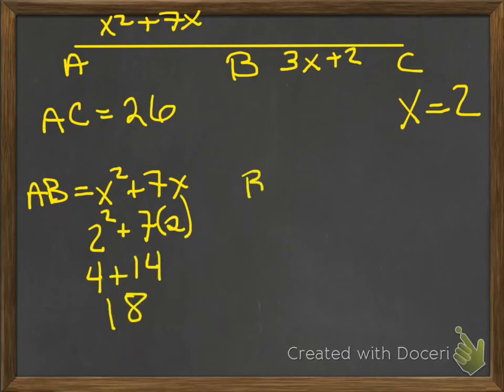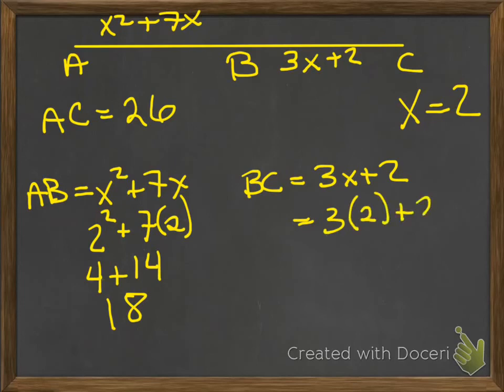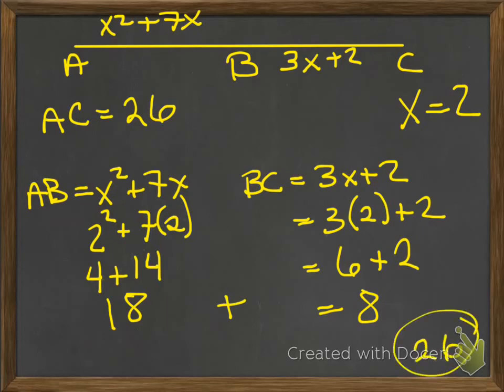And then BC is 3x plus 2. If we plug in 2, we get 3 times 2 plus 2, which is 6 plus 2, which is 8. When you add 18 plus 8, you get 26, which is the correct answer.